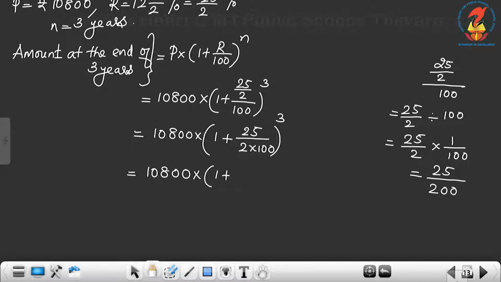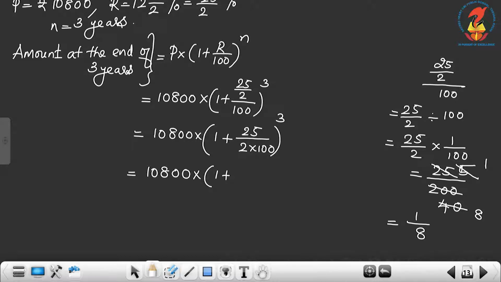So 25/200 we can simplify. What will you get? 25 and 200 you can cancel with the 25 one time. Or you can start with the 5. 5 5s are 25, then 5 4s are 20, 40. Then again with the 5, 1, and here it is 8. So you will get it as 1/8.